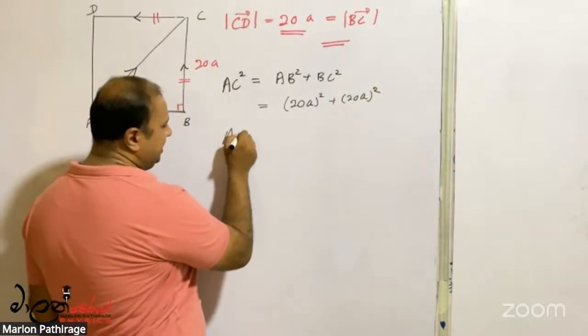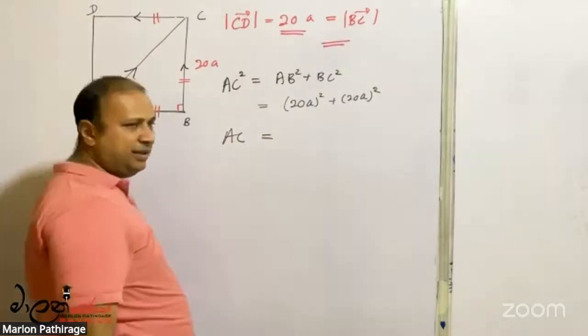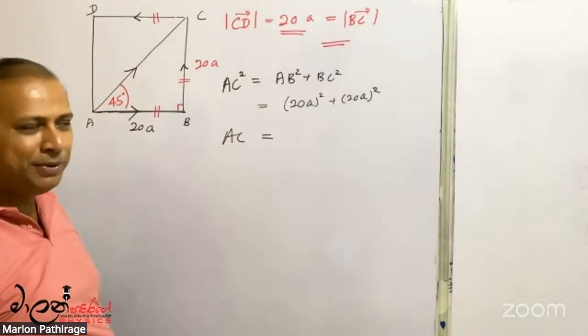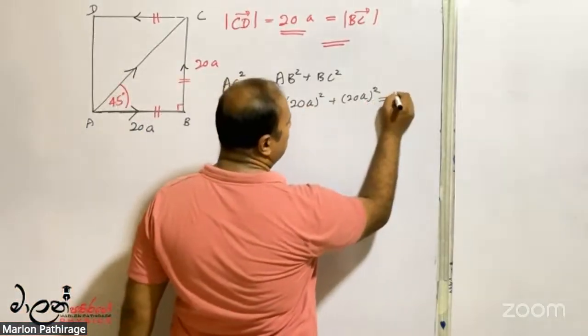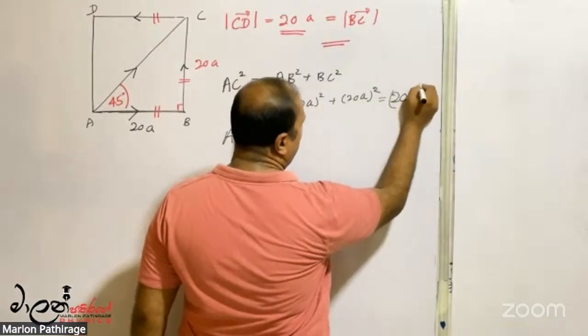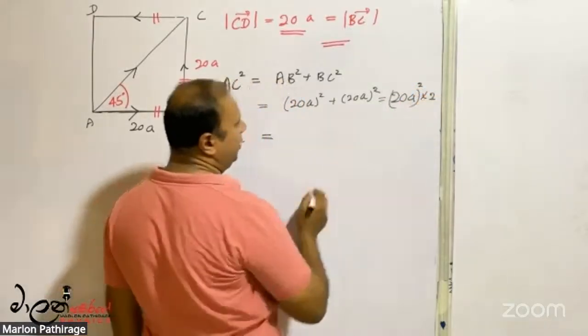Therefore, AC is 20 root 2, because this is equal to 20 square into 2.